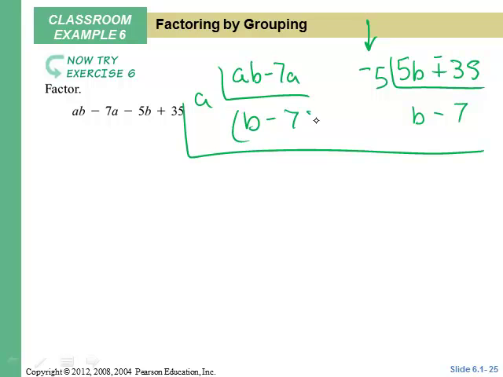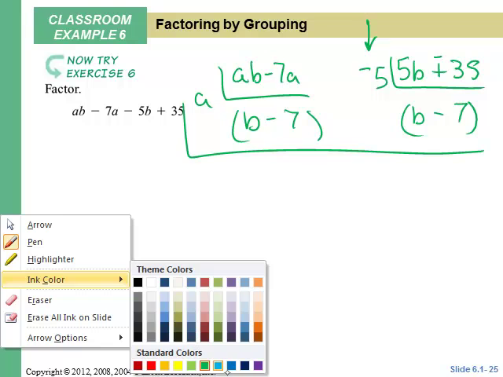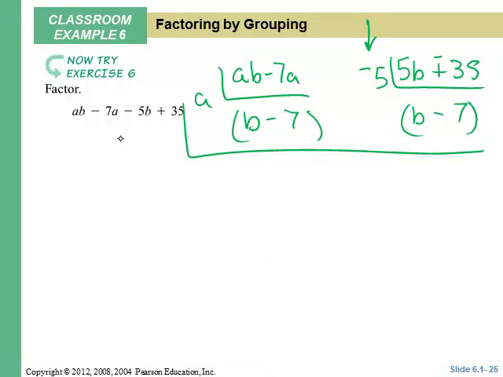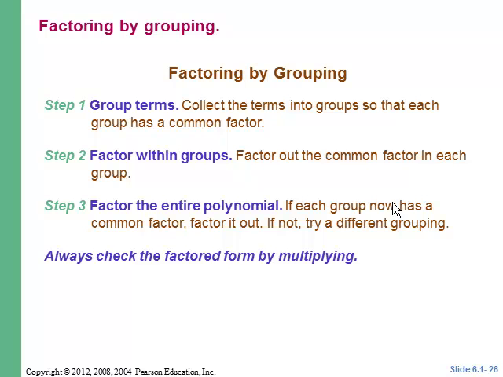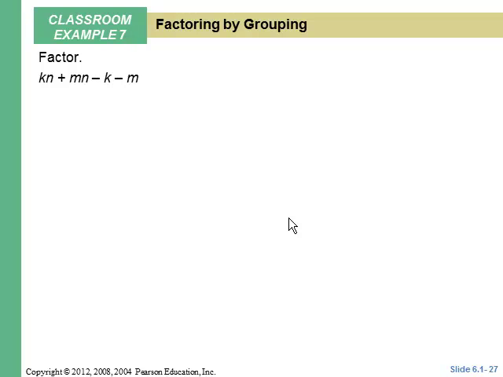So we can factor a (B minus 7) out front, and we're left with A minus 5. So our factored form is (B minus 7)(A minus 5). So when you factor by grouping, you get the terms collected, factor within those groups, and then factor the entire polynomial.